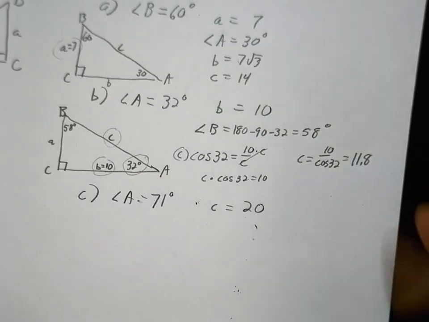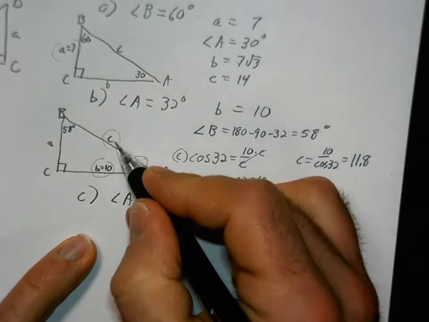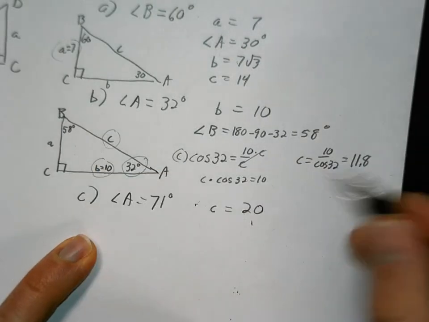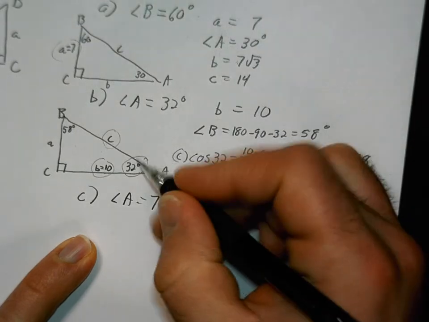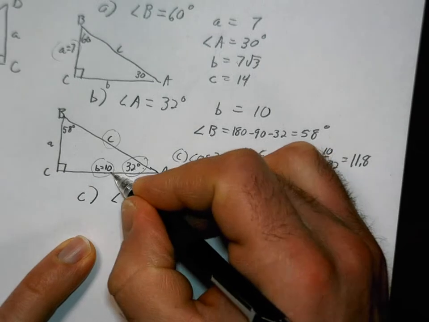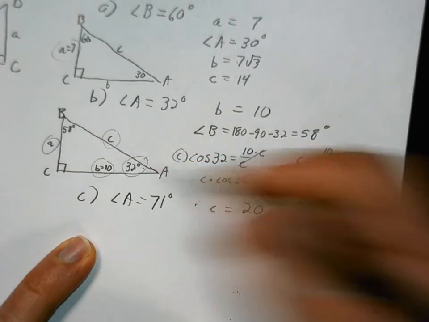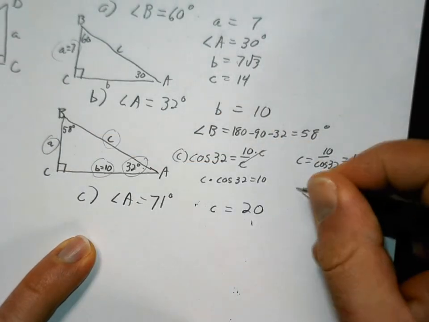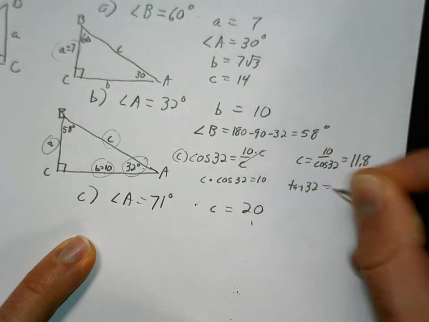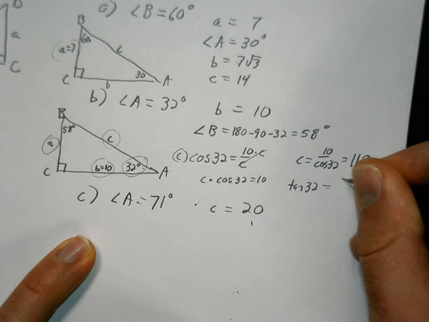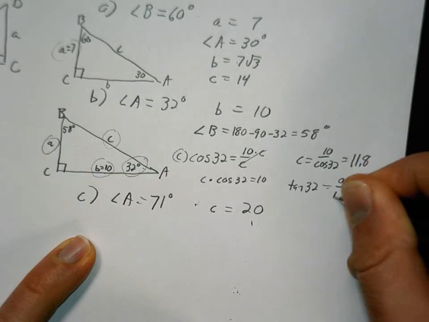Okay, and now I found side C, I can find side A now. I could use Pythagorean theorem now, but I'm just going to use another trig ratio just to get used to it. So if I use this one, and this one, I could use tangent. Tangent of 32 equals opposite over adjacent.